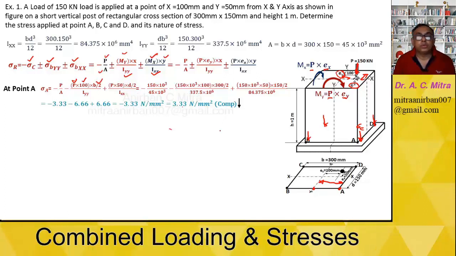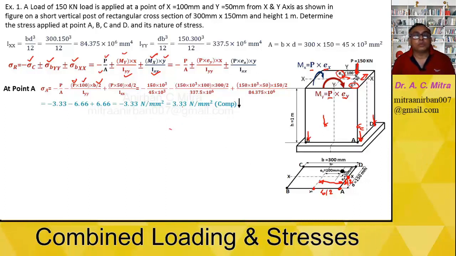Similarly, in case of Mx, divided by Ixx and the distance from the x-axis to point A. So d by 2 is basically the distance from x-axis to A. So this distance is basically d by 2 and this one is also d by 2.